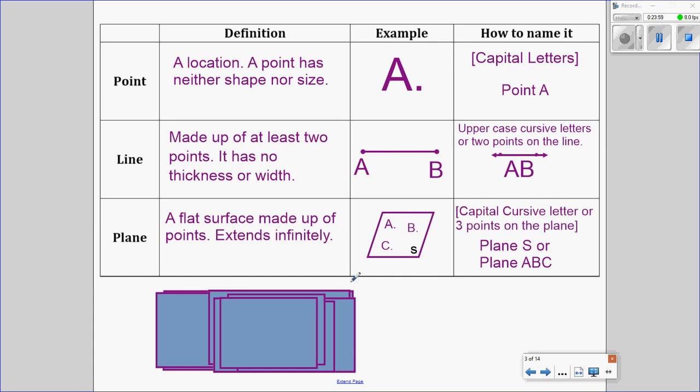It just keeps going on and on. And a plane is like a surface on a desk, the walls, the face of a building. You need at least 3 points to make a plane, and you can label it 2 ways: plane S in this example, or plane ABC based on the points that are on that plane. You need at least 3. And like I say, it extends infinitely. That plane can be stretched on and on and on.